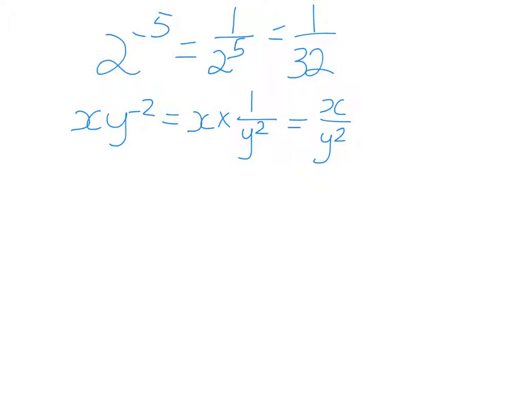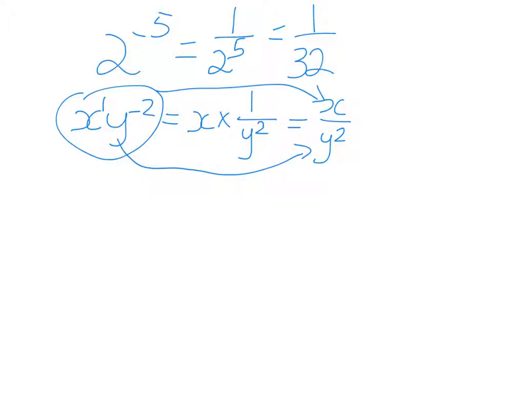So as you can see from this example, when you have something like this, anything that has a positive power goes on top. Anything that has a negative power goes on the bottom, but you write it with a positive power. So for example, 3a to the power of negative 5 would just be 3 over a to the power of 5.